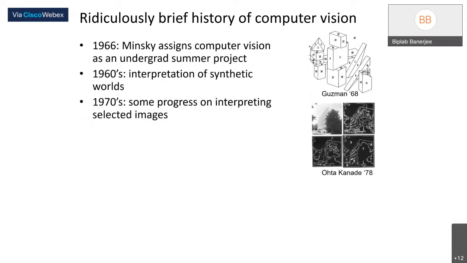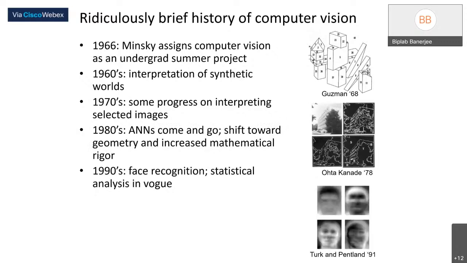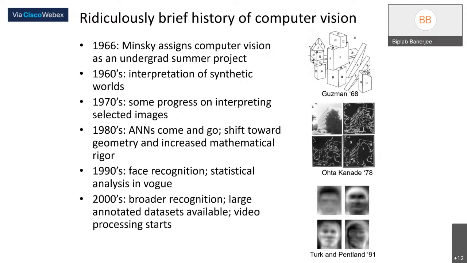Then gradually improvements in image processing started coming: edge detection, interest point detection, and tracking became quite popular. Subsequently, neural networks came into existence, which could be implemented on a digital computer. After that, several applications started pouring in, be it face recognition using eigenfaces, object recognition, and then video processing. So this is a very brief pathway of how computer vision algorithms evolved over time.